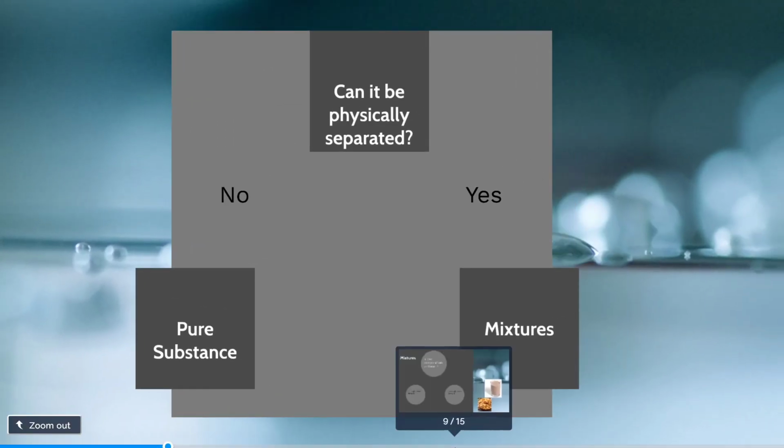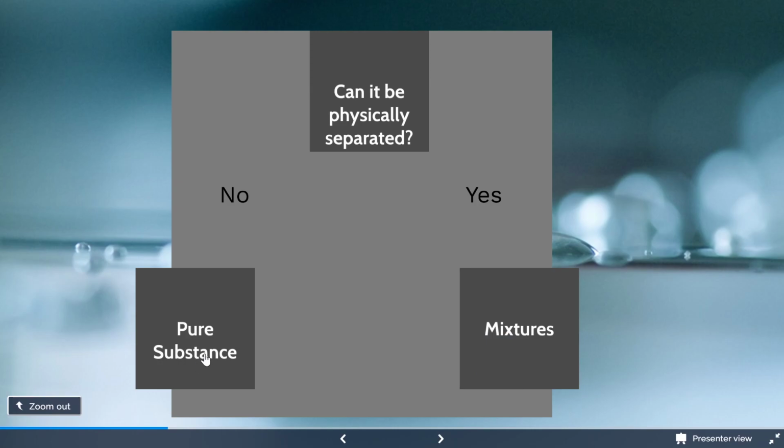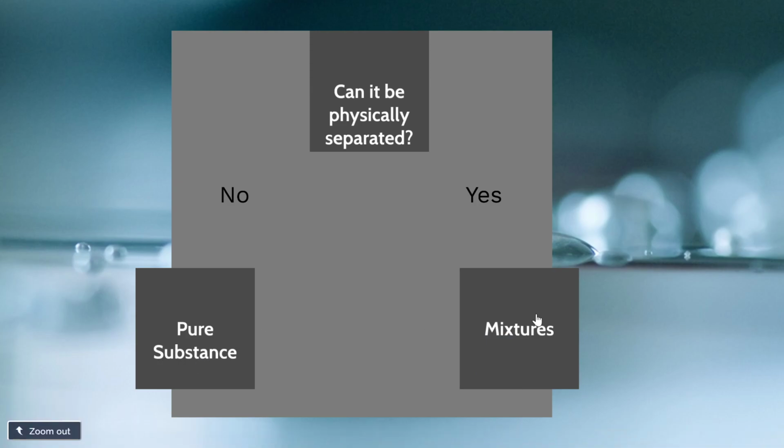All right, so those are what's in pure substances. Now we'll have to go ahead and go into mixtures. So again, this was, can it be physically separated, and is its composition constant? Or is the composition variable? And mixtures can be variable.